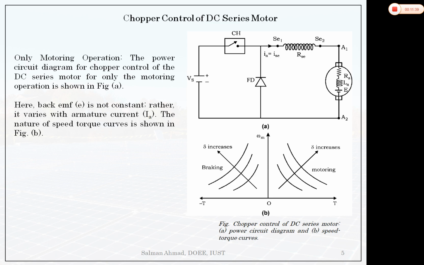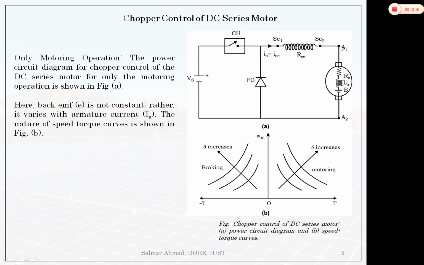Now if I discuss the motoring operation of the DC series motor, like in the DC shunt motor, we have one control switch placed in series with the supply and one freewheeling diode connected in parallel with the series winding and armature. Here you can see that the series winding is connected in series with the armature winding. One important thing is that the terminals S1 and S2 are important.